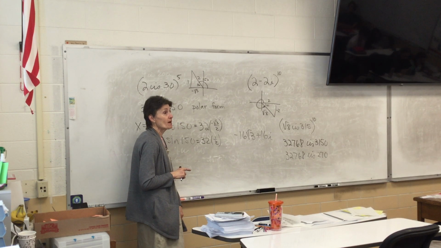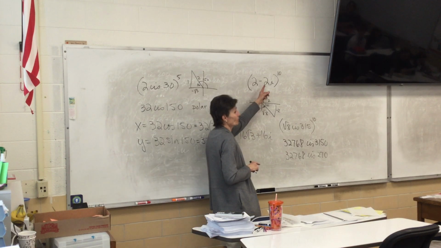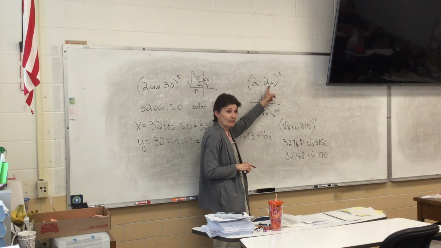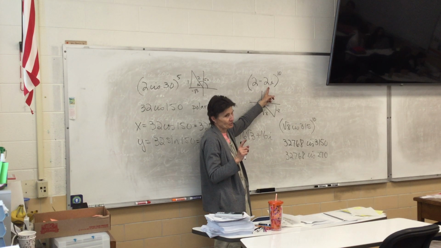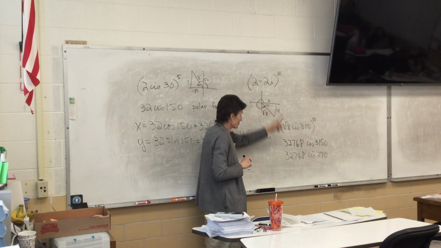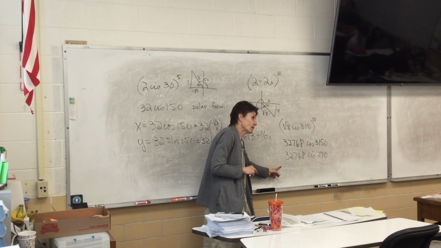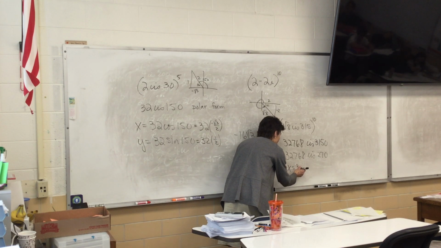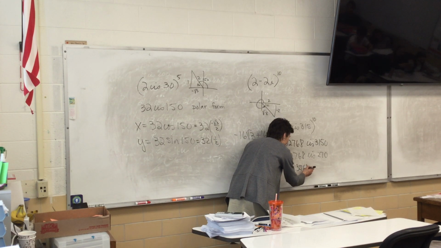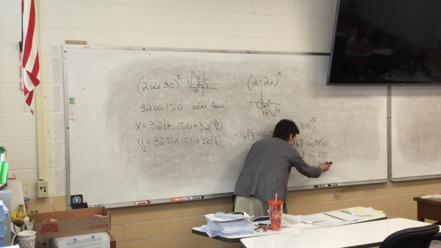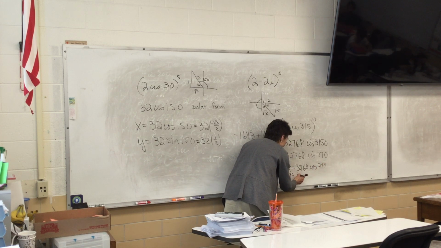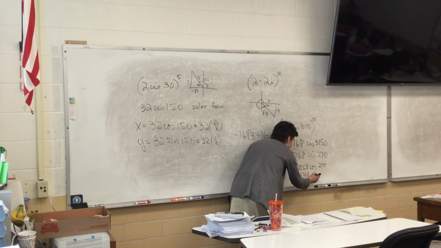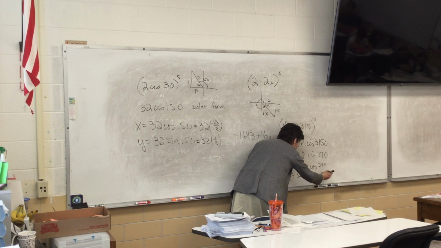The general rule of thumb is, if the number was given in the beginning in rectangular form, you got to answer in rectangular form. So now we're going to change this back into rectangular form. So x is 32768 cosine 270, and y is 32768 sine 270.